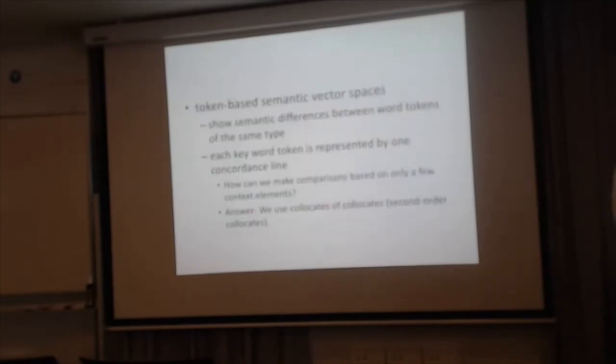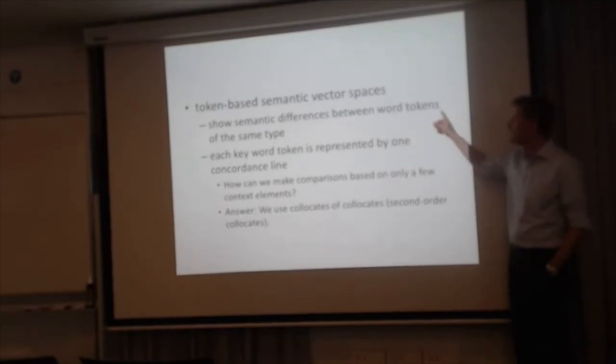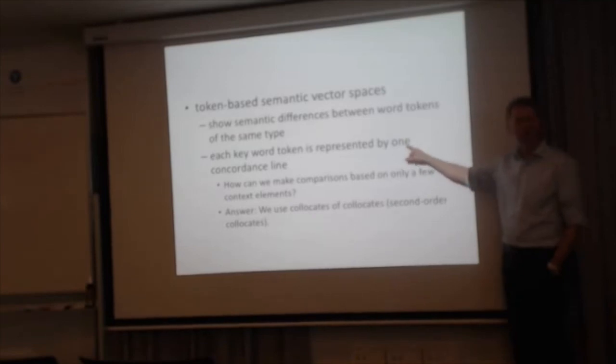However, there's a solution, namely token-based vector spaces, which proceed in a very similar way, but they show semantic differences between word tokens of the same type. So in these kinds of semantic vector spaces, each keyword token is represented by one concordance line. Yeah? So we try to visualize a cloud of different uses of the same word.